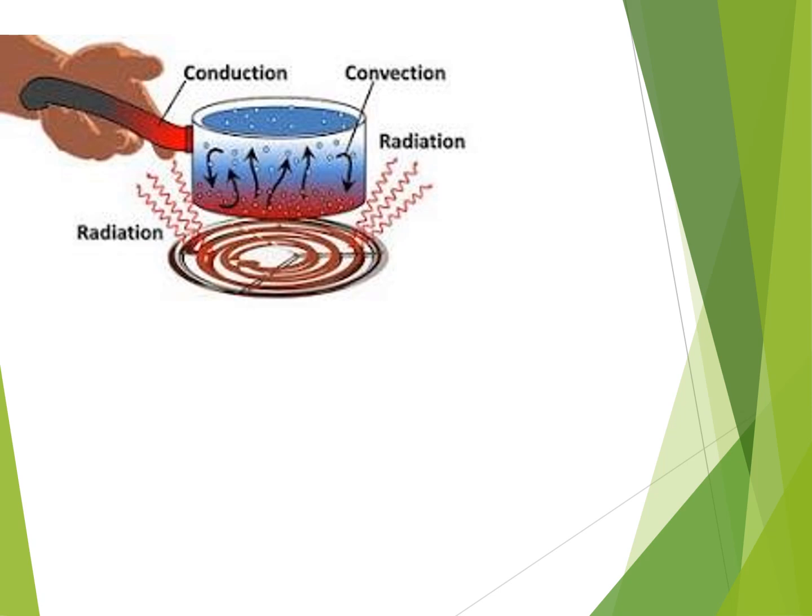So let's take an example. Here an electromagnetic energy is being generated. So this is the radiation from where heat is being given.